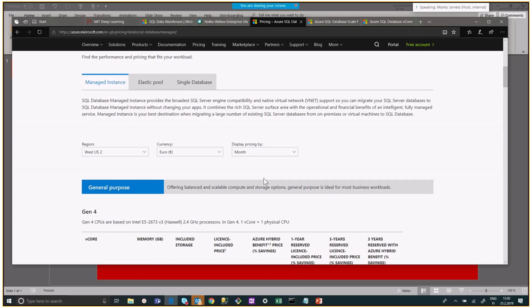Until last autumn, whenever your database grew above the 4 terabyte limit, or 2 terabyte limit before that, you were guided by Microsoft to upgrade your database to SQL Data Warehouse, because that was pretty much the only offering in the cloud where we can grow over that limit.